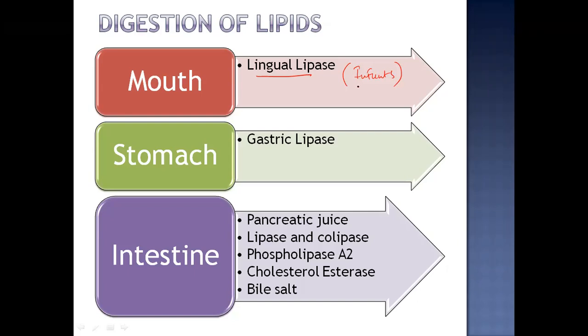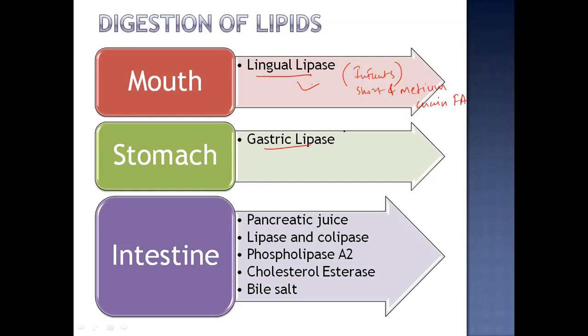So breast milk will contain short and medium chain fatty acids, and digestion of these fatty acids can take place in the mouth by lingual lipase.